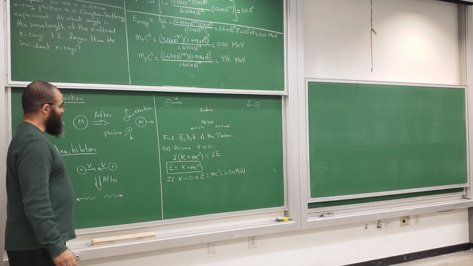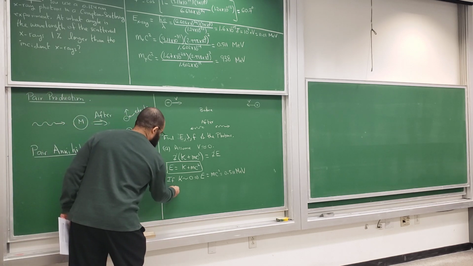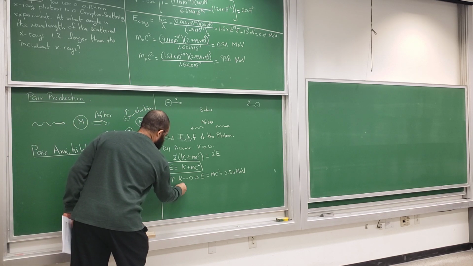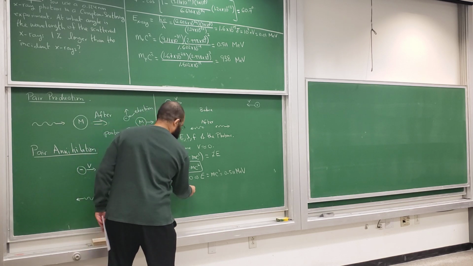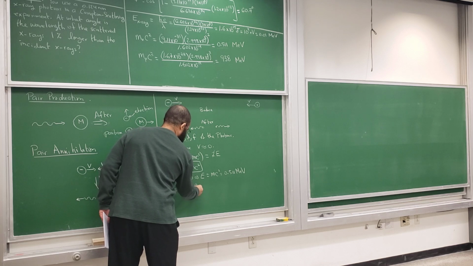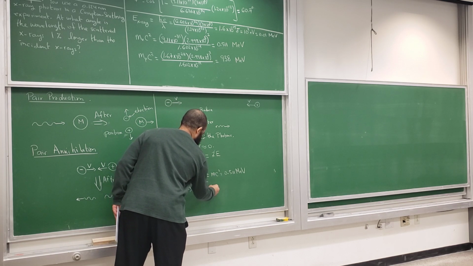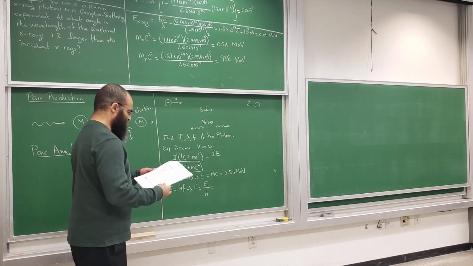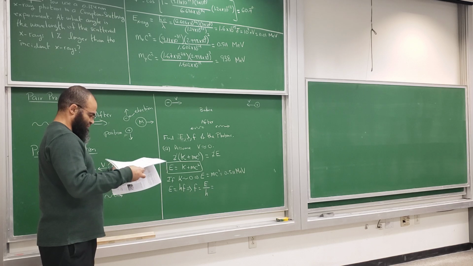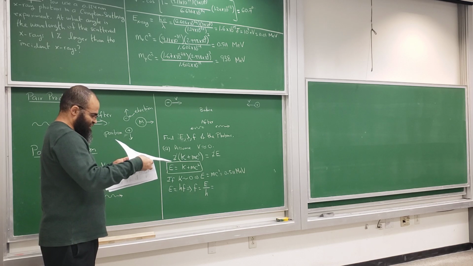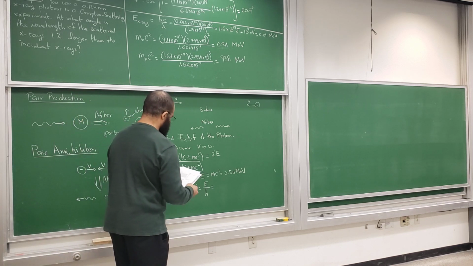Then what would the wavelength be? Or let's do the frequency first. We know that the energy is h times the frequency, so the frequency would be the energy divided by h. Let me look up h in terms of eV, because you can write h in eV also.